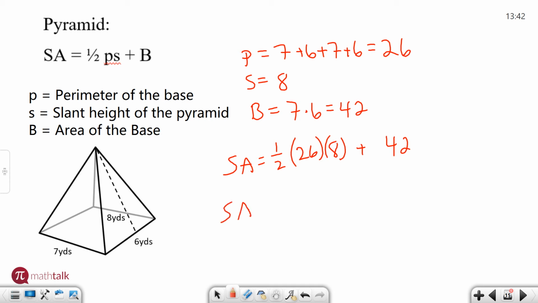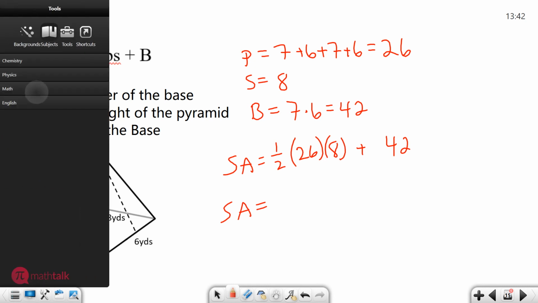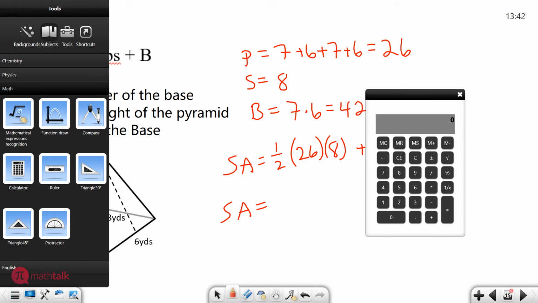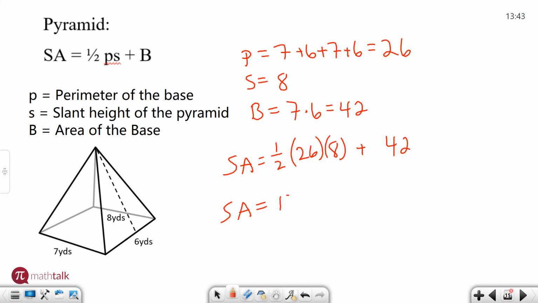Half of 26 times 8, those are some bigger numbers, so let me use my calculator. 0.5 times 26 times 8 is 104. Perfect. Plus 42. Add them up and I should get my surface area, which is 146. And again, make sure our units are correct: yards squared.